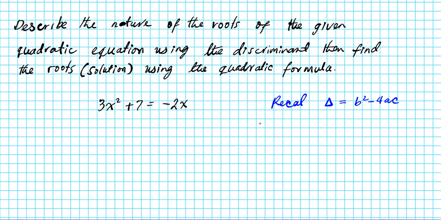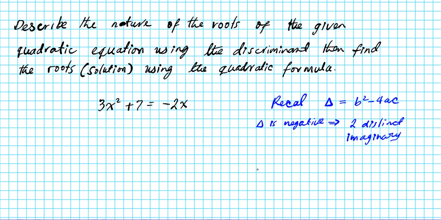Okay, so if your discriminant delta is negative, then that means that you're going to have two distinct imaginary roots. Okay?